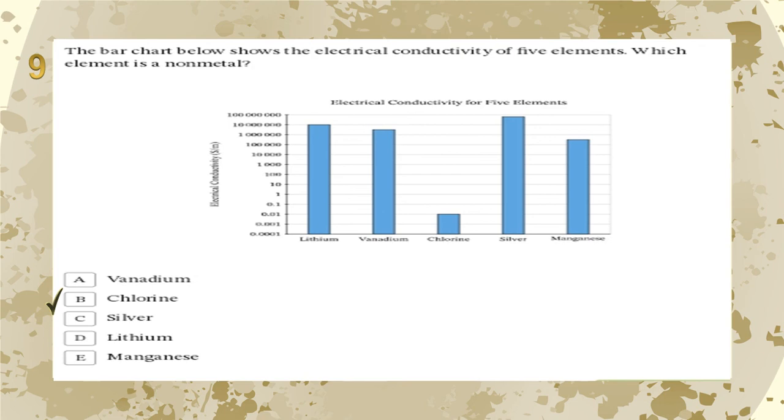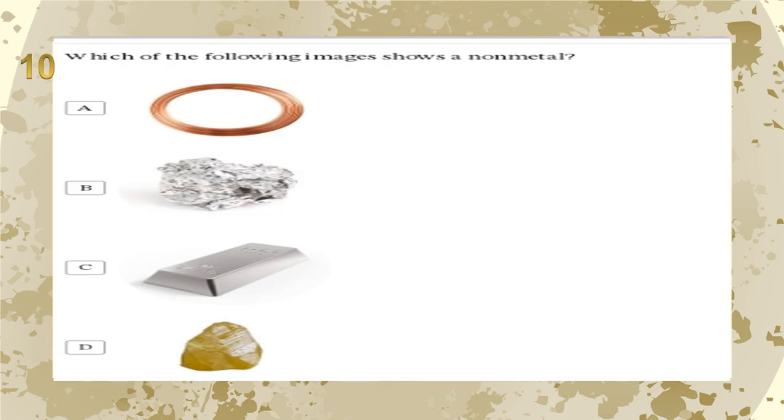Okay, let's go into question number 10. It says, which of the following images shows a non-metal? What is the main property we can consider for non-metal? It is not shiny or doesn't have luster, and doesn't have a bright color when light falls on it.